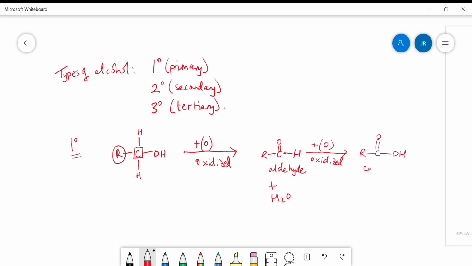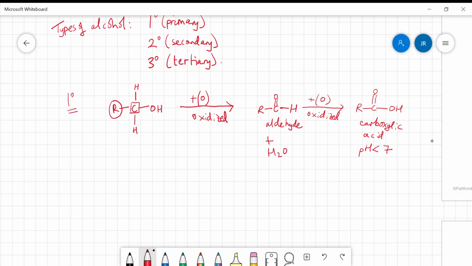This is a carboxylic acid. Remember, the pH is less than 7. So you could actually monitor this progression via pH. Okay, so primary alcohols can do that. So I want my chemistry students to know that.